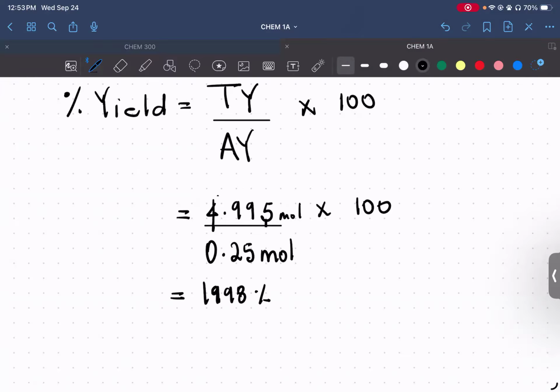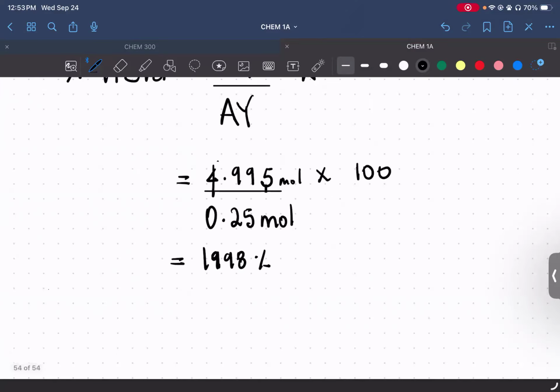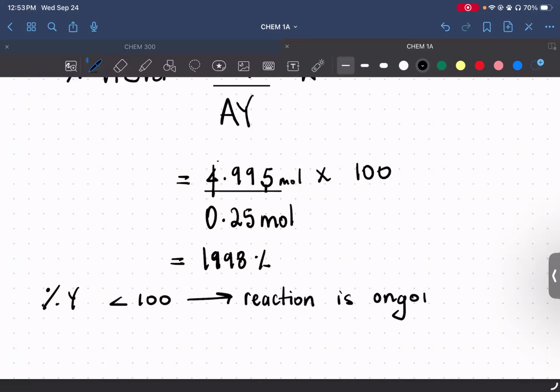A percent yield is just a measure of the success of the reaction. Sometimes the percent yield will be less than 100. What this implies is that the reaction is ongoing. In other words, we assume that the reaction is still working because we're not yet at 100% yield.